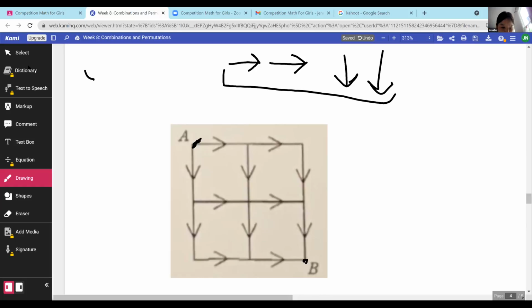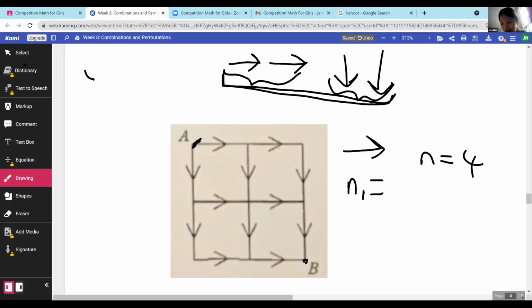So if you look at this, there are 4 terms in all. We could think about each arrow as a term. So there are 4 terms and there are 2 of the same type. In all, n in total is 4, and right is 2, and down is also 2.